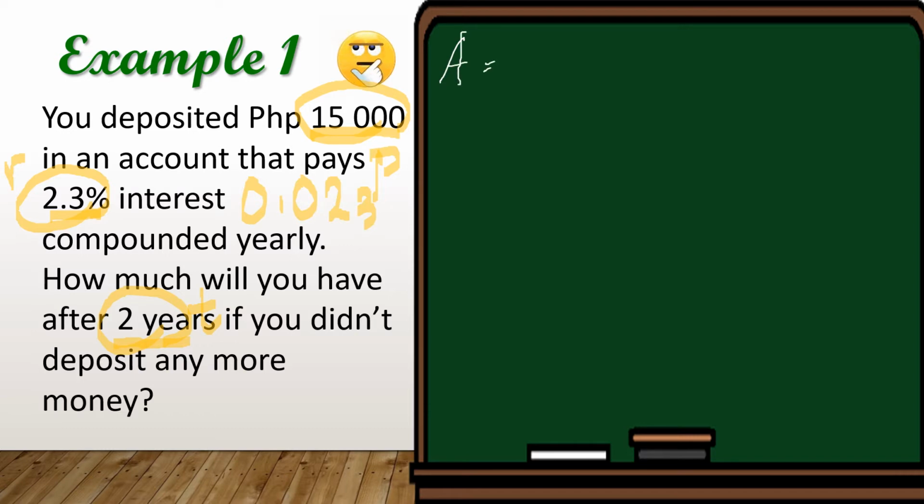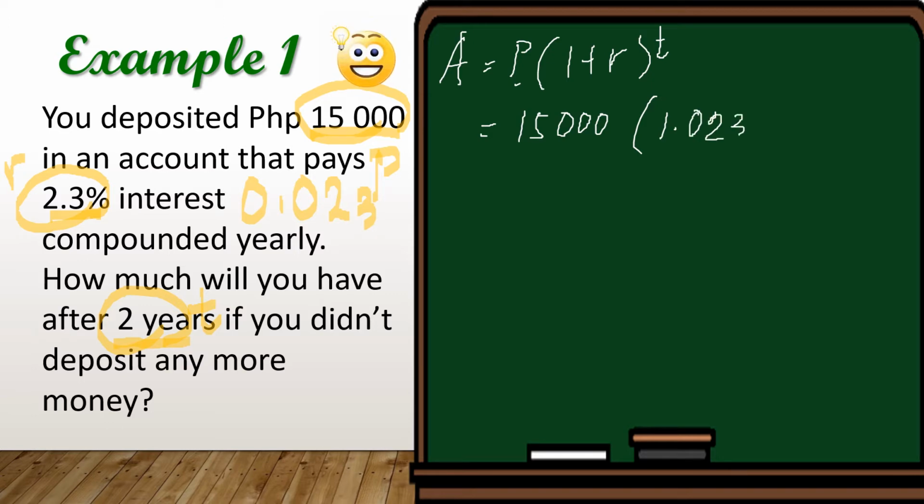Now, let us solve the problem by applying the formula. A is equal to principal times 1 plus R raised to time. Let us replace P by 15,000, the initial amount that you deposited, times 1 plus R. Our R is 0.023 plus 1, so this will become 1.023, and then raised to time, which is 2 years. Solving this will give us 15,000 times 1.023 squared.